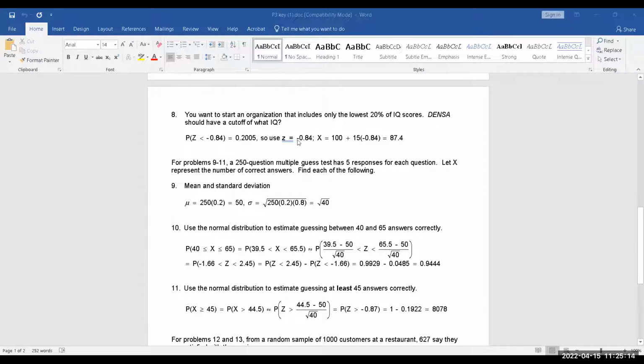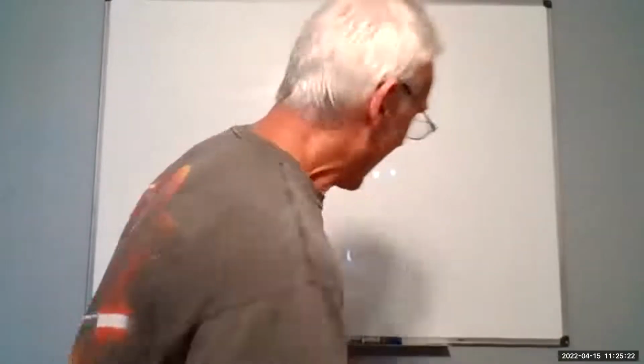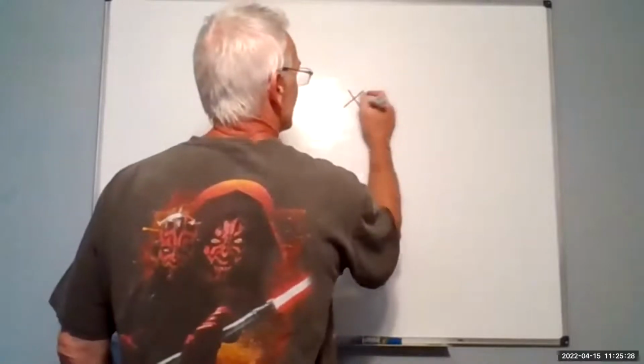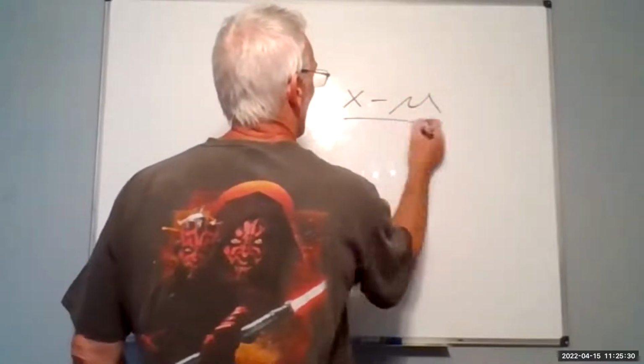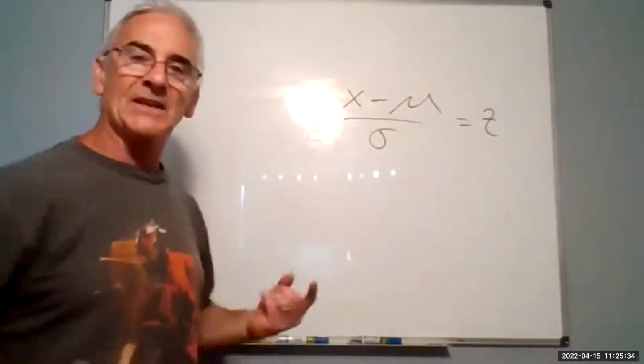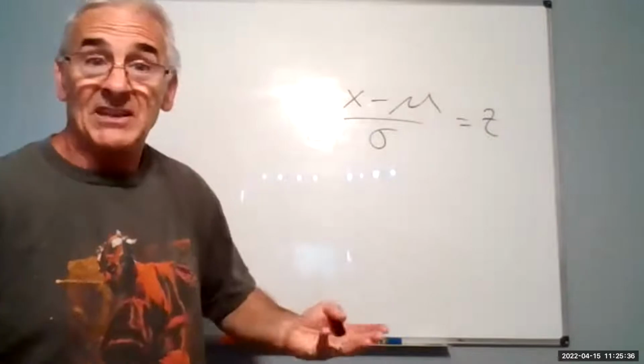So now if I say, what score do I need? I'm going to work a little bit backwards. How do I find a score when I know a Z score? Remember, if (X minus mu) over sigma is equal to Z, how do I get the X by itself? Well, that's easy.